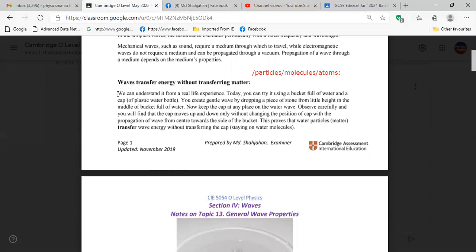Observe carefully and you will find that the cap moves up and down only, without changing its position, with the propagation of the wave from the center towards the side of the bucket. This proves that water particles, matter, transfer wave energy without transferring the cap, staying on the water molecules.